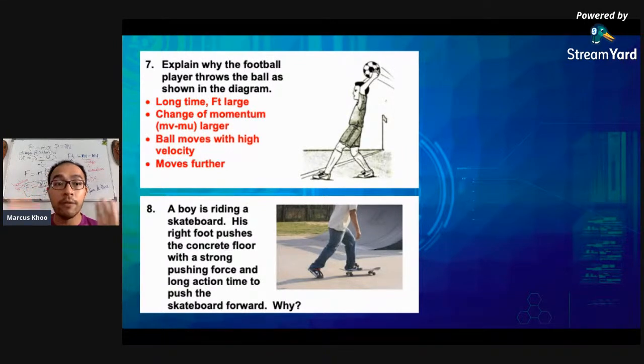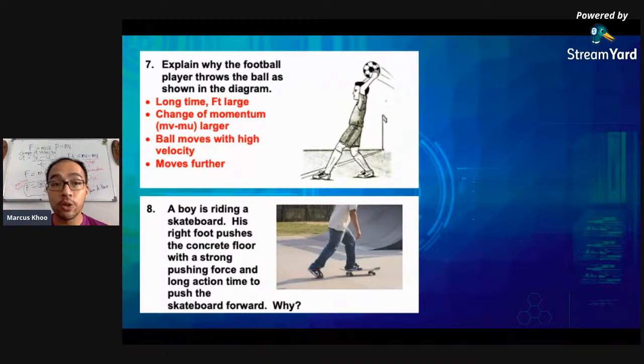So this principle of the change of momentum is very important. The reason we do this is to produce a bigger change in momentum, because if there is a bigger change in momentum, then your ball can go further, your skateboard can go further. These are things that are good for us. We want this big change of momentum, because a big change of momentum will ensure that things you want to go further, go further.